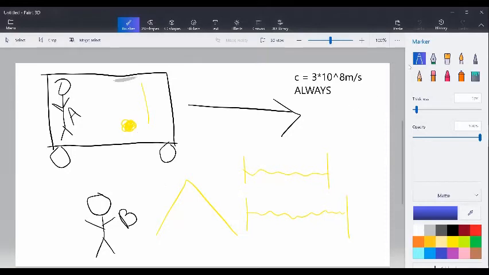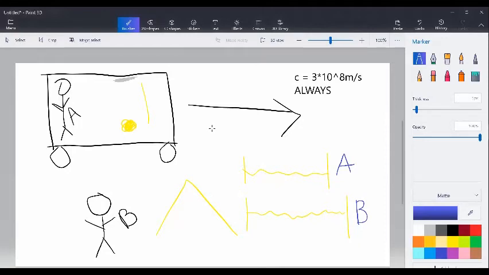So observer A views the light moving in a straight line as it is sitting on the trolley with them. And observer B will see it follow more of this pyramid-shaped path because the light is moving on the trolley relative to observer B.